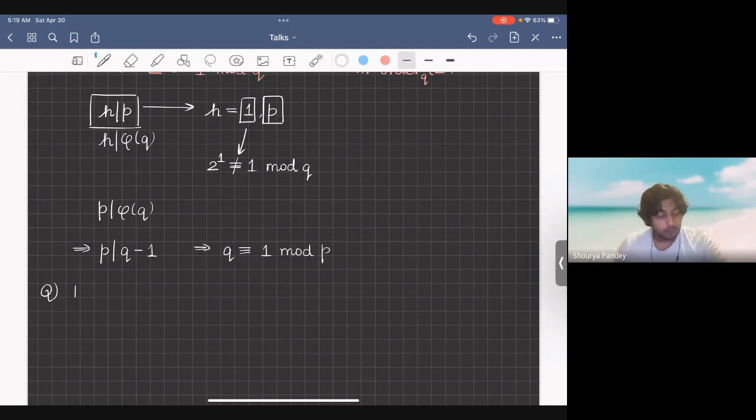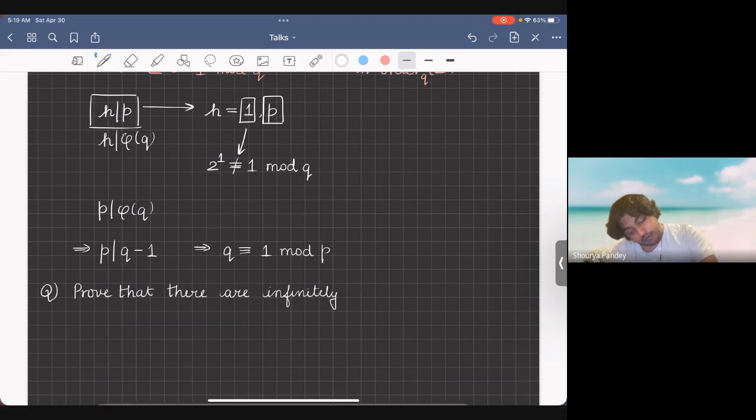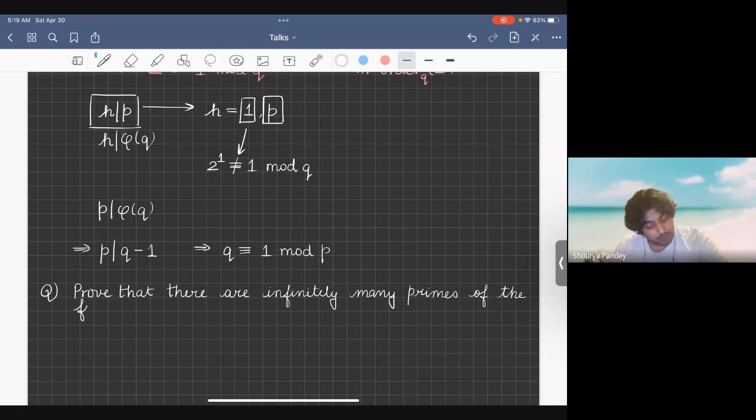Prove that there are infinitely many primes of the form 2kp plus 1, where k is a natural number. p is the same prime p, where p is an odd prime.